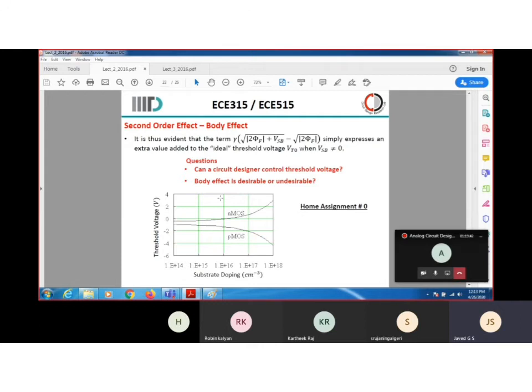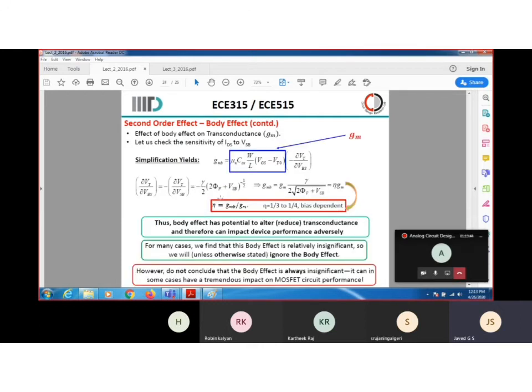So what happens when we do that? Let us check the sensitivity of IDS to VSB. So then there is a new factor that comes in, which is your gm with respect to the body effect. So gmb is mu n Cox times W by L, times VGS minus Vt naught, multiplied by delta Vt by delta VBS.